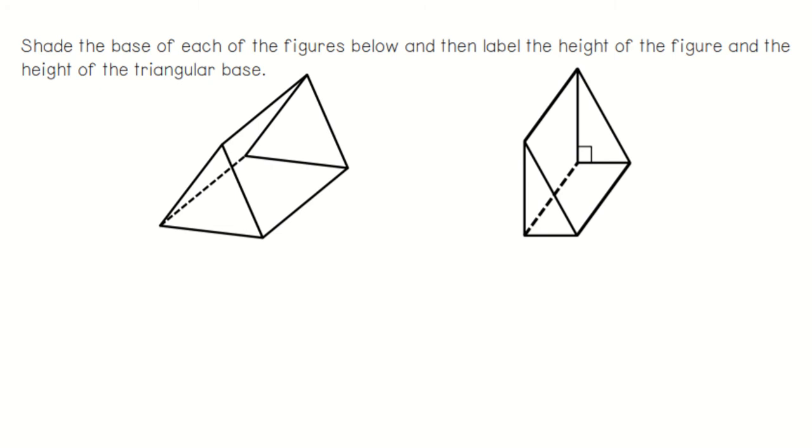Now it says to shade the base of each figure below and then label the height of the figure and the height of the triangular base. Remember what I told you guys yesterday. You have several choices here. It's natural to think that because the shape is kind of sitting on that bottom there, that rectangle bottom, that is the base. It's natural to think that, but that would be wrong.